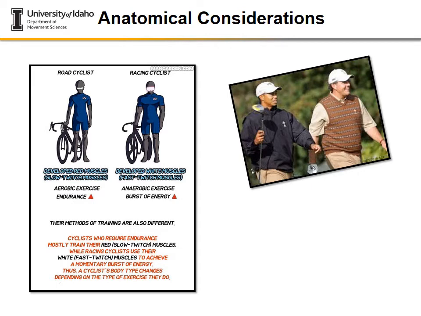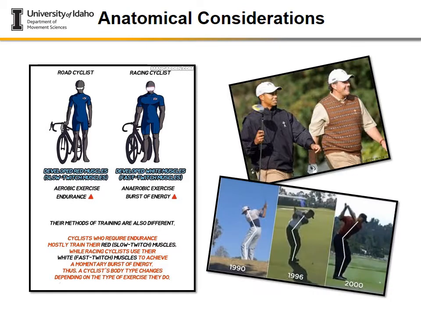However, their bodies are quite different from a structural standpoint and a functional standpoint. Or from an individual athlete like Tiger Woods, who has injuries and changes his swing pattern multiple times. And we can look at this from both a structural and functional perspective. These angles drawn here are going to be some kinematic analysis we use later on down the line.